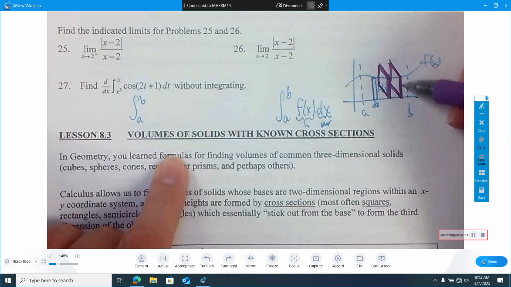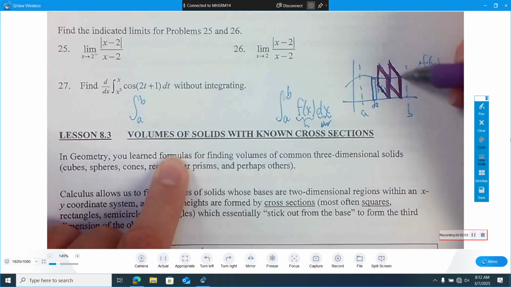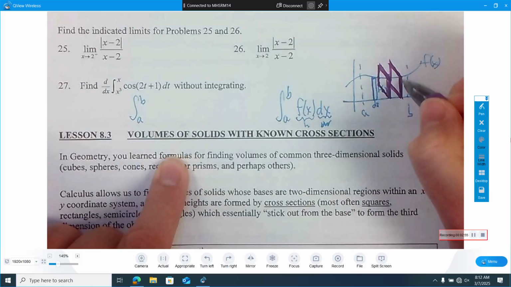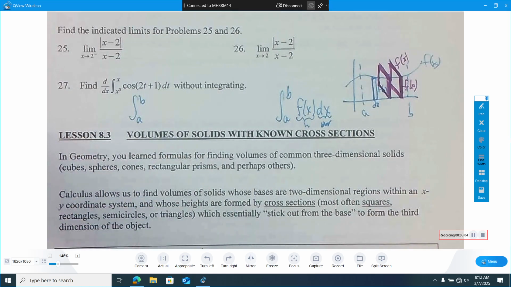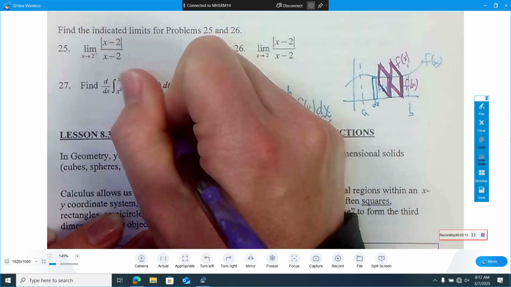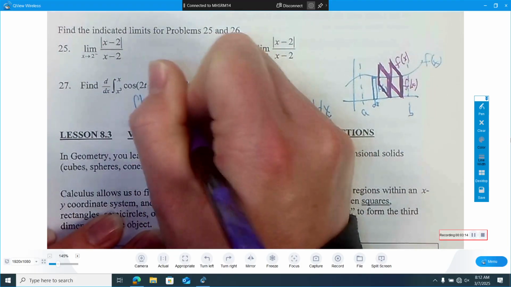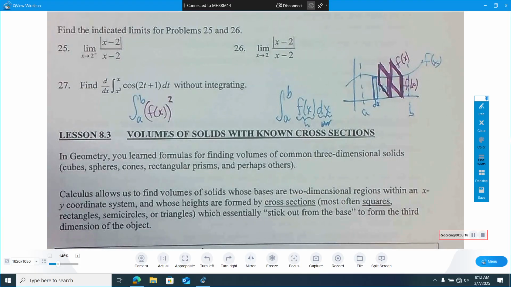Well, that would be f of x, whatever that height happened to be. f of x is the height, again, that height off of the paper. Now we have this little square that we are using. Maybe that's f of x squared. That gives me the area of that slice of bread, shall we say.